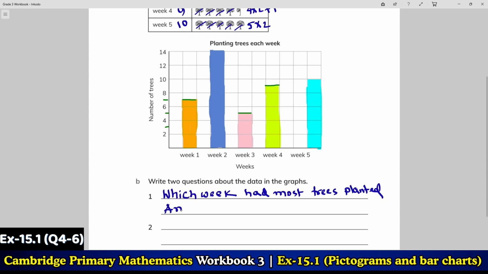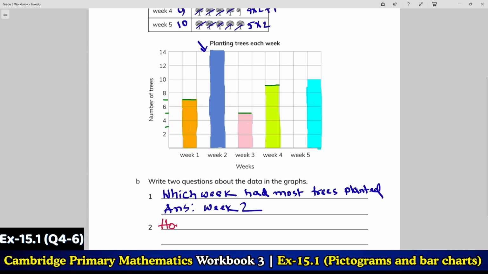Our answer will be, which one is the most? Week 2. Next question, we can write how many trees were planted in week 2 and 5 together. This is our own question, right?